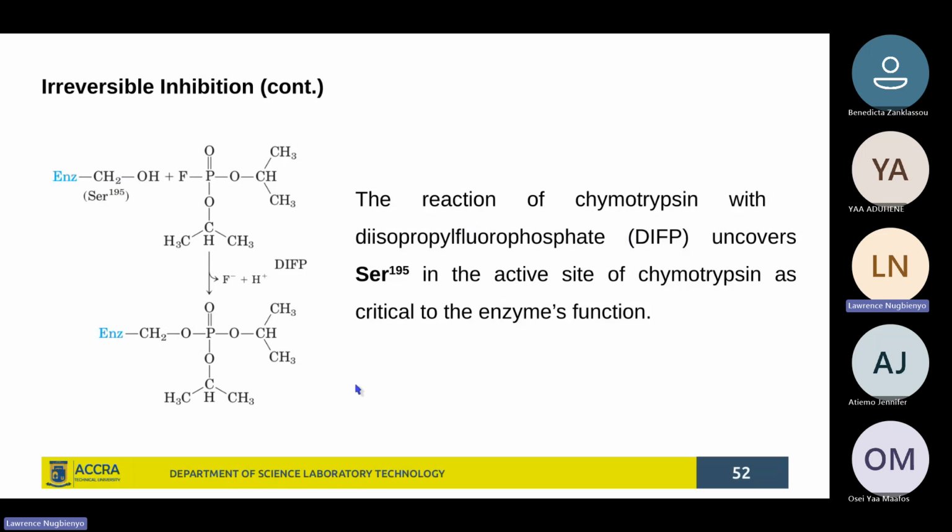Now, how this DIFP will be acting in insecticides is that, since it can bind to, say, the enzyme acetylcholine esterase, it means that it will prevent that activity of muscle contraction and relaxation, the transfer of signals to the muscles to move.